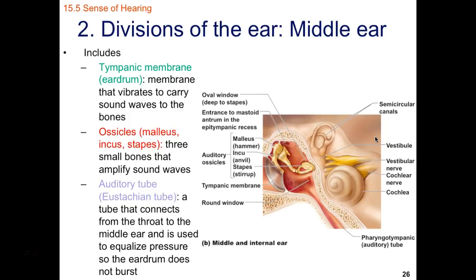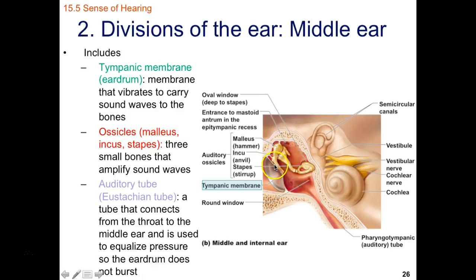Now we have our middle ear, and our middle ear will consist of our tympanic membrane. Of course, this is the inner portion in here, and this catches those sound waves and transmits them over to our bones through a vibration. So these bones are all going to vibrate. Let's talk about what these bones are. They're the smallest bones in our body.